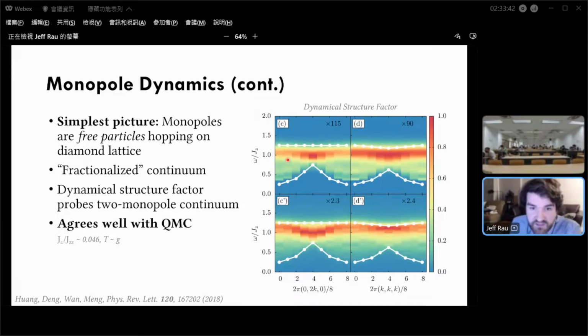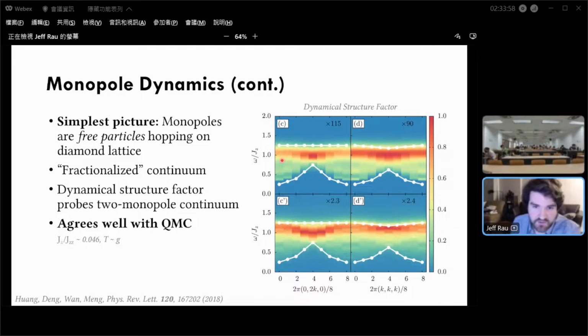And so you see a nice continuum here in these Monte Carlo simulations. This dispersion is essentially coming from the fact that these things are hopping out relatively coherently with an amplitude given by this transverse exchange.